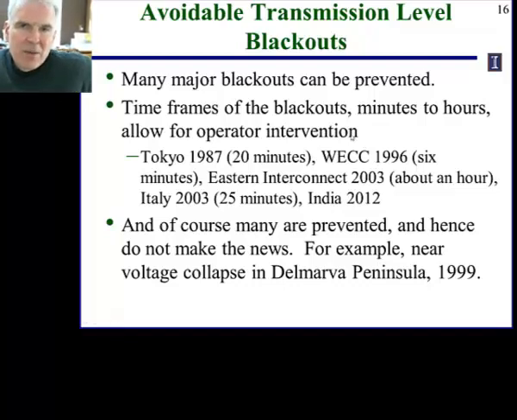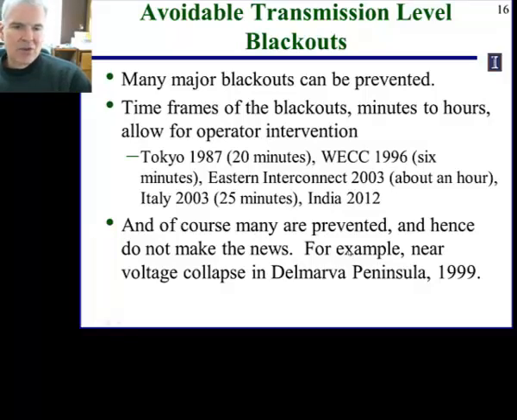So if people had known what was going on, they certainly could have taken corrective action. Now, having said this, I should note that many blackouts that could be prevented actually are prevented, and hence they don't make the news. So there are probably more near misses than we would care to know.